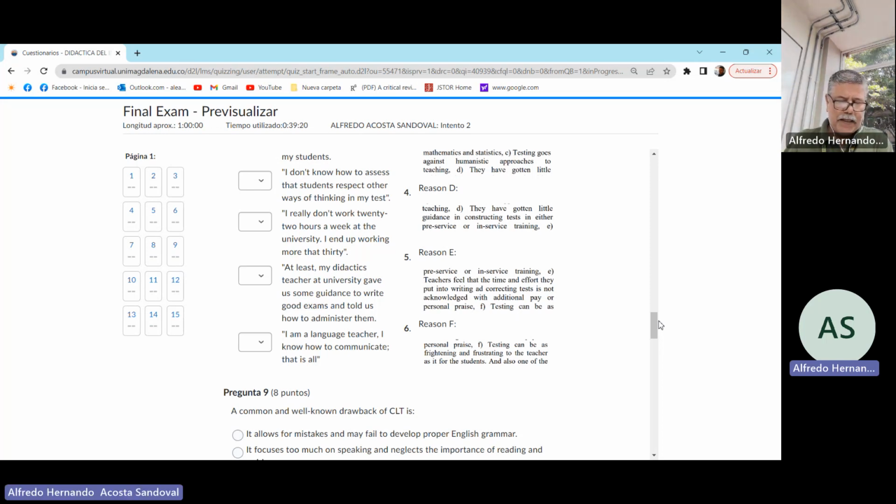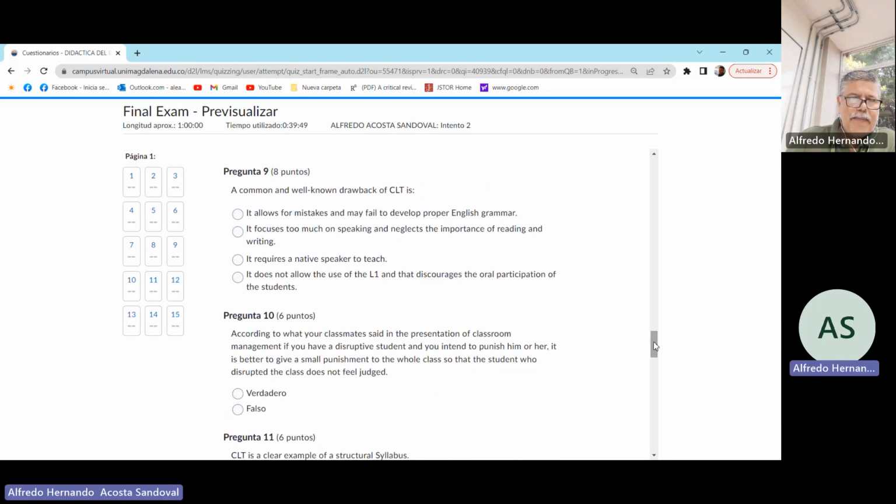I was speaking about this, saying that writing an exam is time consuming. There are many things that you have to take into account. You can spend hours designing a good exam, and then students fail. You give the exam to students, especially high school students, you spend some time, and then students fail.